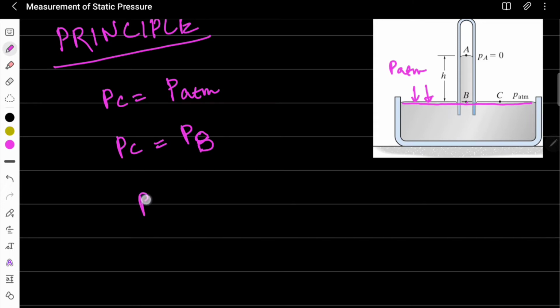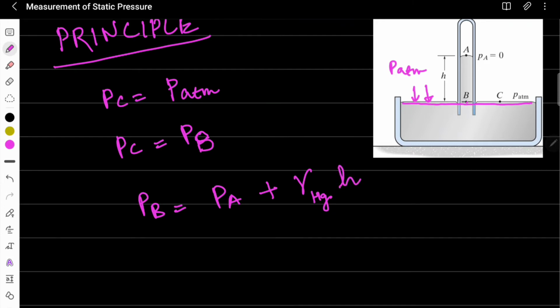So pressure at B can be written as pressure at A plus gamma of mercury, Hg is the symbol, multiplied by the height above point B, which is H.